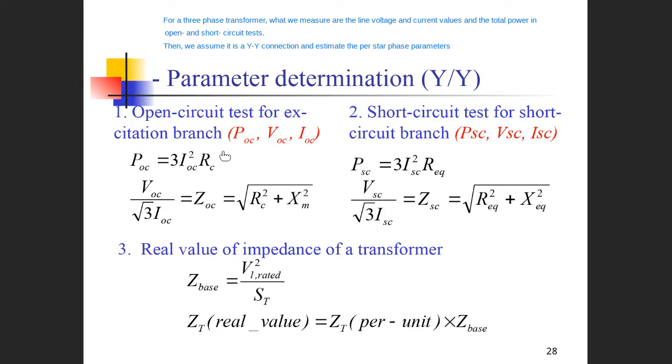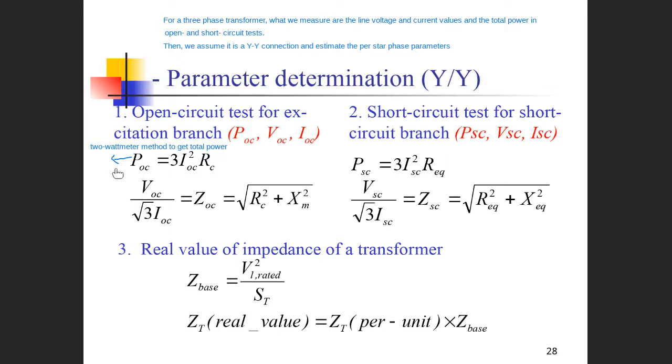We can get the total input power, which can be measured using the two-wattmeter method. So two-wattmeter method to get the total power.